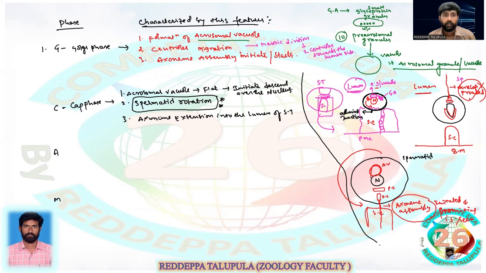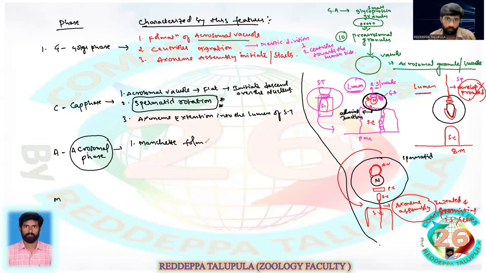Okay. Next, A stands for acrosomal phase. What will happen in the acrosomal phase? First one, Manchette formation will be seen. Second, the mitochondria, which up to now are in individual form, start merging and arranging around the distal centriole.